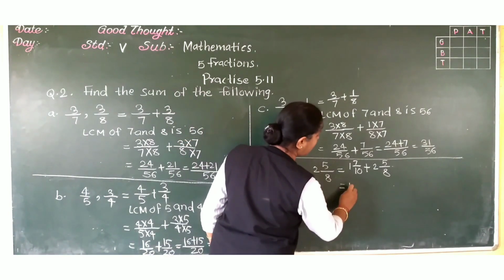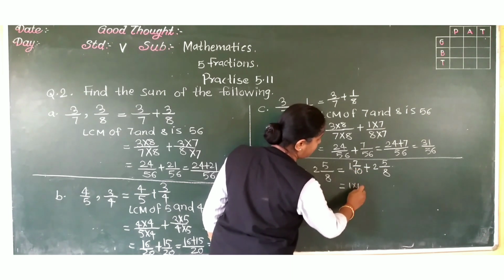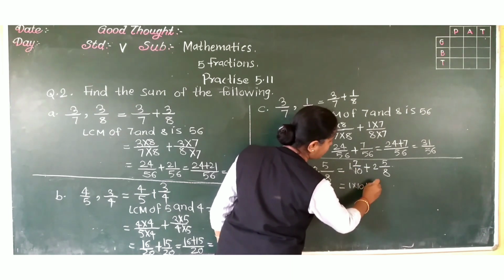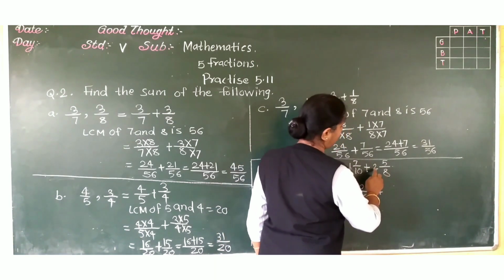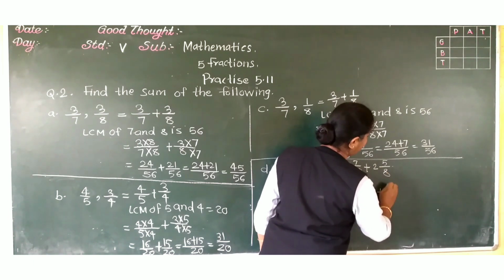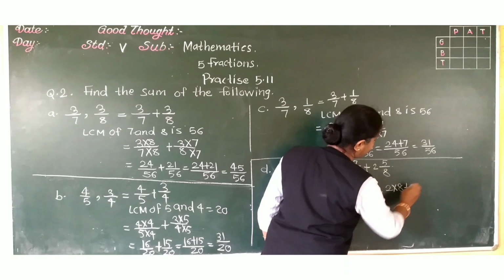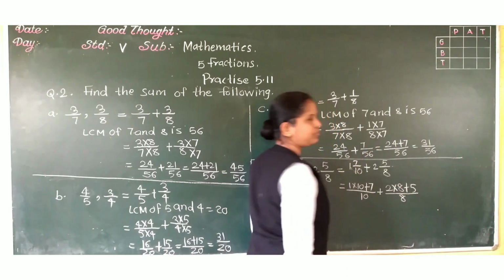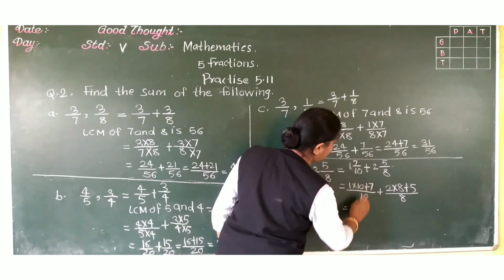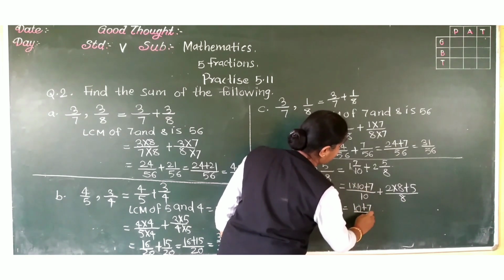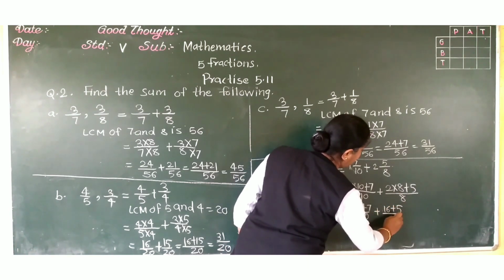See here, we multiply the whole part with the denominator plus add the numerator, upon 10, plus 2 into 8 plus 5 upon 8. Then 10 ones are 10 plus 7 upon 10 plus 8 twos are 16 plus 5 upon 8.